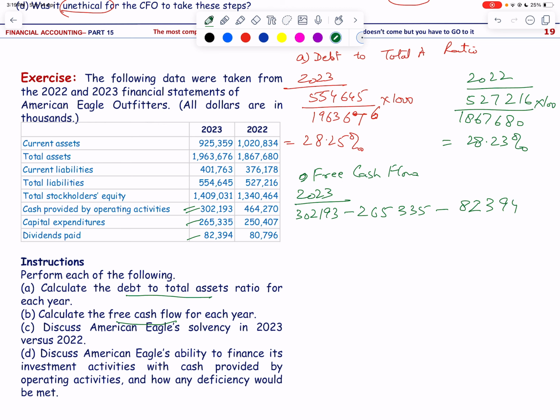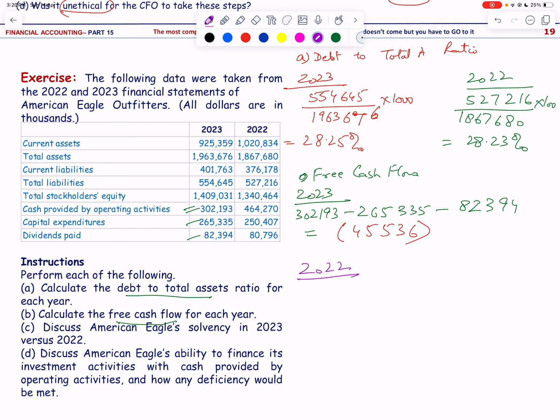So the answer is negative 45,536. This is for 2023, and let us see what happens in 2022.